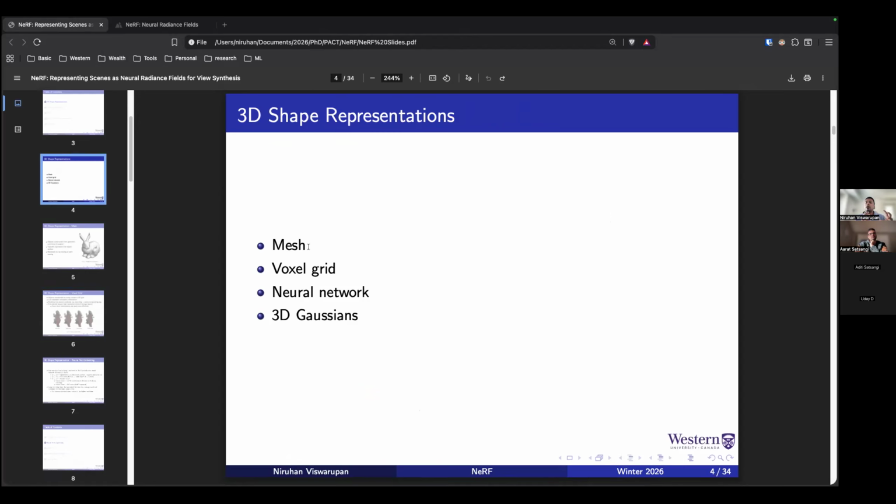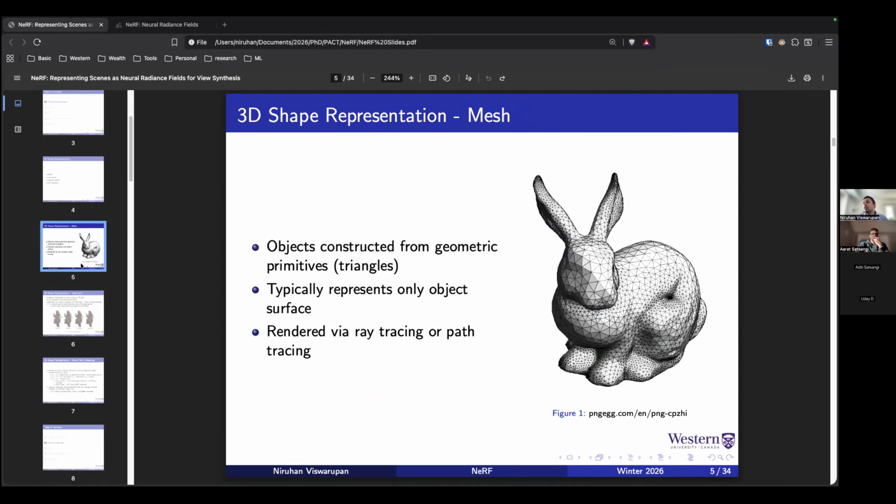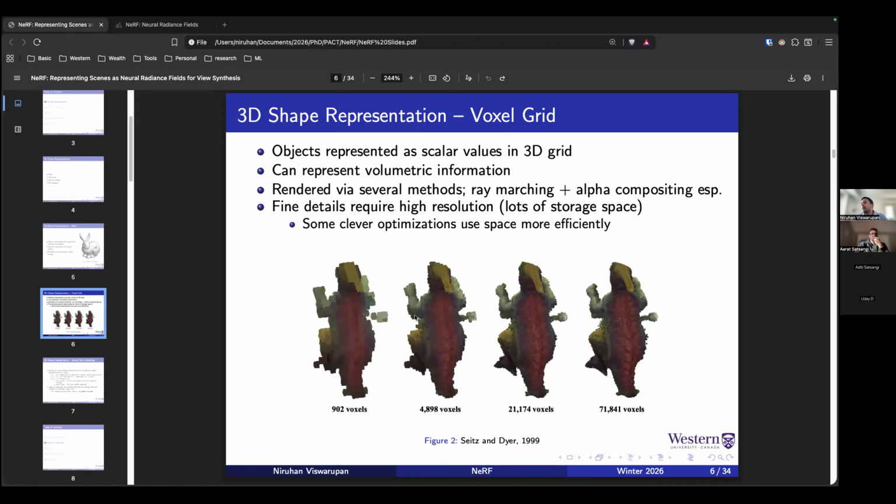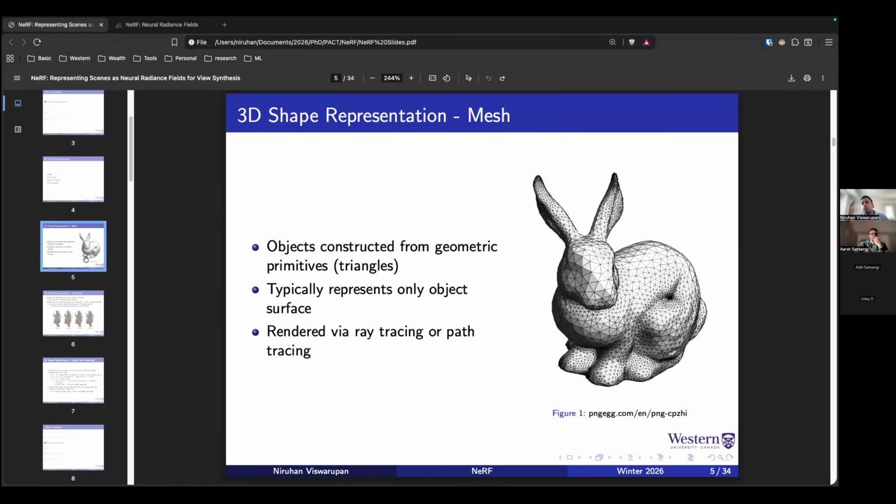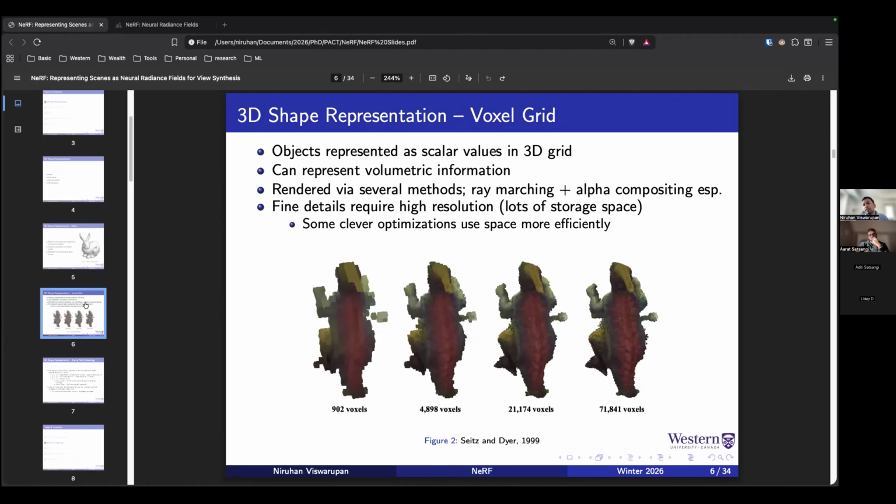So those are called explicit representations. If you take a mesh or a voxel grid, even in your head you can imagine that if there is a mesh like this, even without doing any rendering, there is a notion of shape, a notion of surface. So these are called explicit representations.